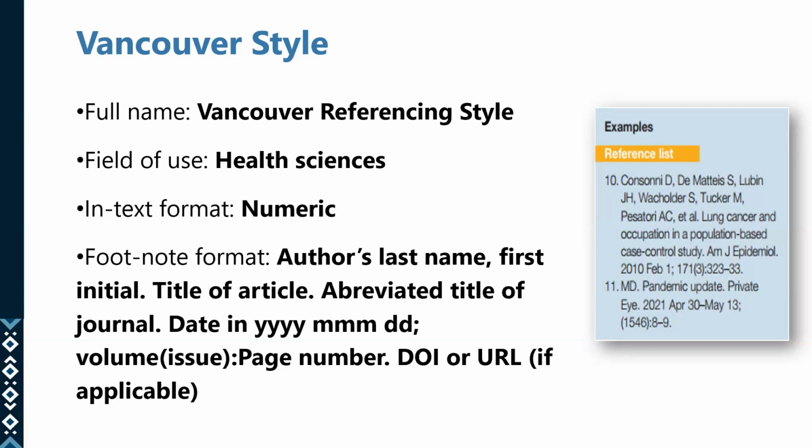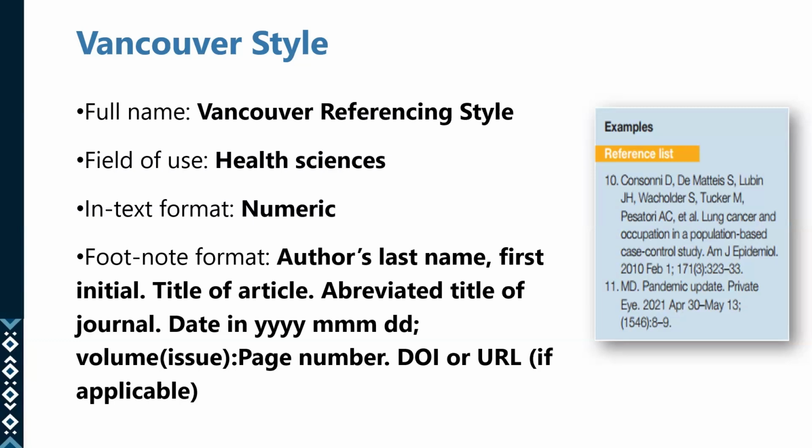The in-text format used in this style is numeric. That means you indicate to your reader in the body of the text with a number. The number can be in round or square brackets, or it can be in superscript. The footnote format includes all the elements that we saw in the previous slide, but in a particular order.